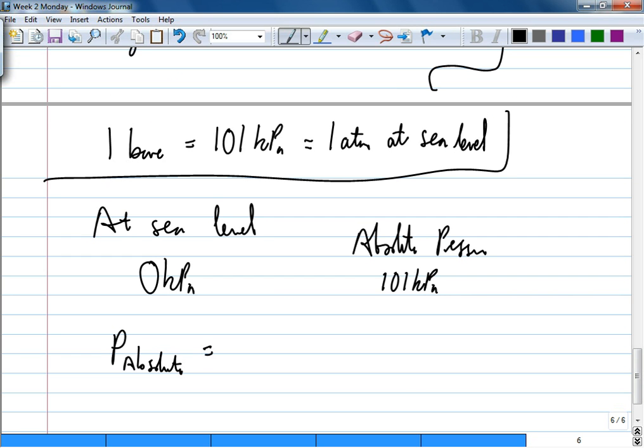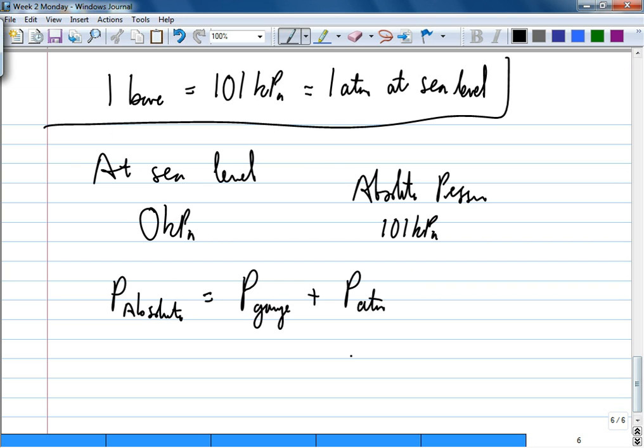Because it's absolute. Similar to the vodka you drink, for those who can drink, if they're old enough and their religion allows. P absolute is equal to P gauge plus P atm.